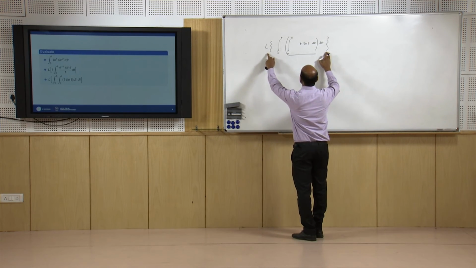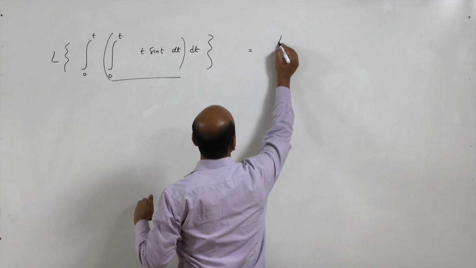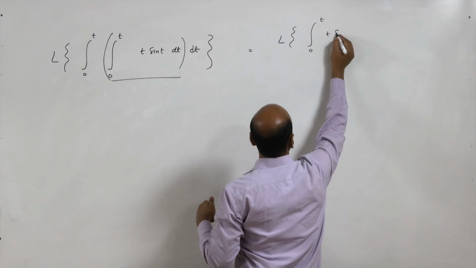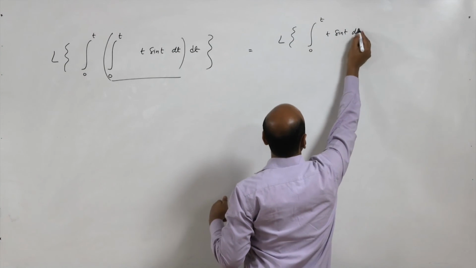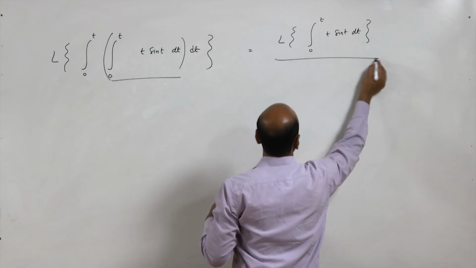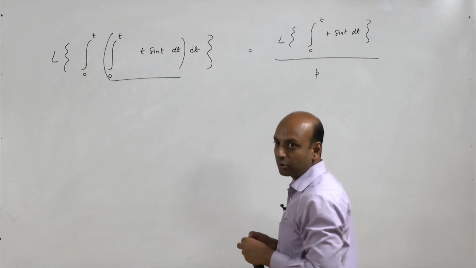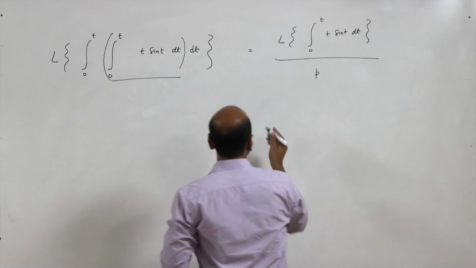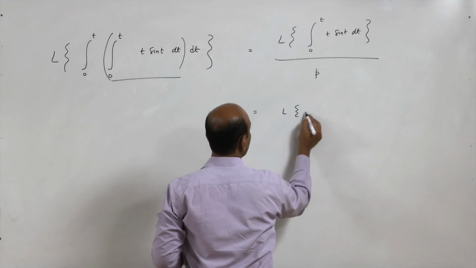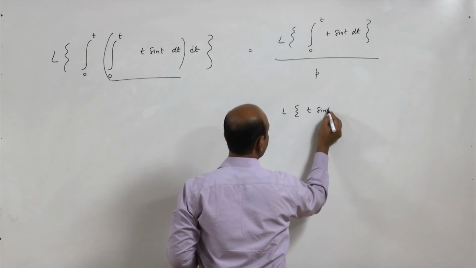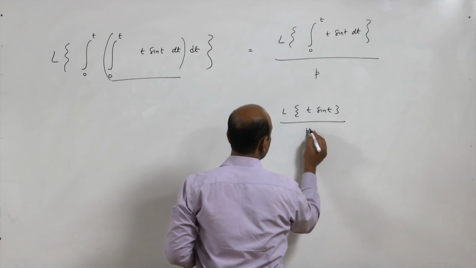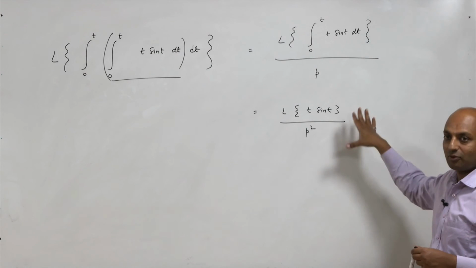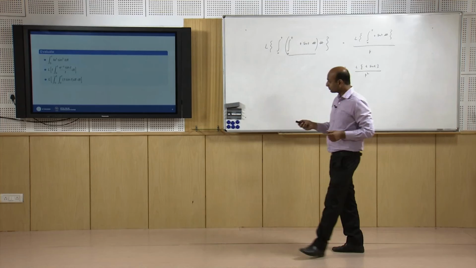So, basically this expression will be nothing but the Laplace transform of the integral from 0 to t of sin t dt upon p, and again the Laplace transform of this is nothing but the Laplace transform of t sin t upon p square. So, this will basically be the final expression for this problem.